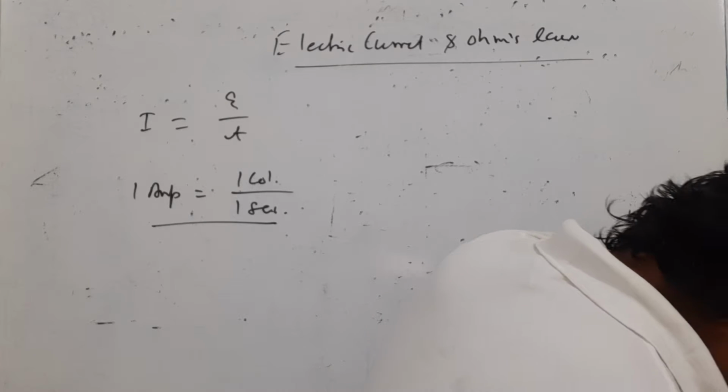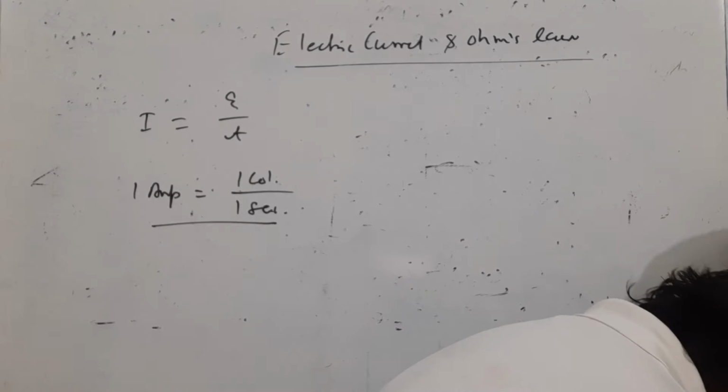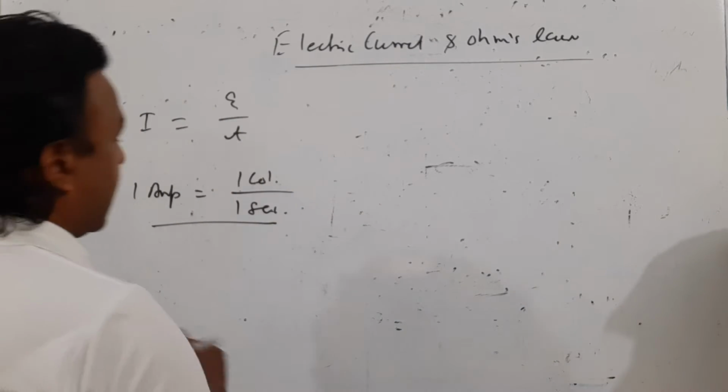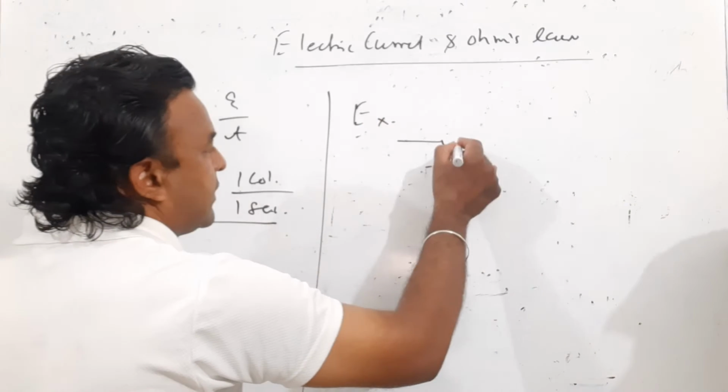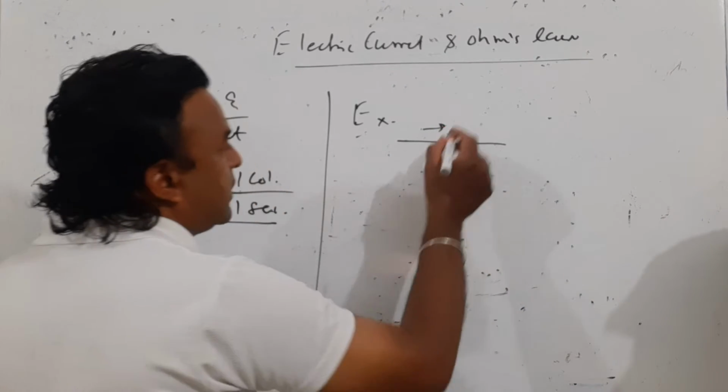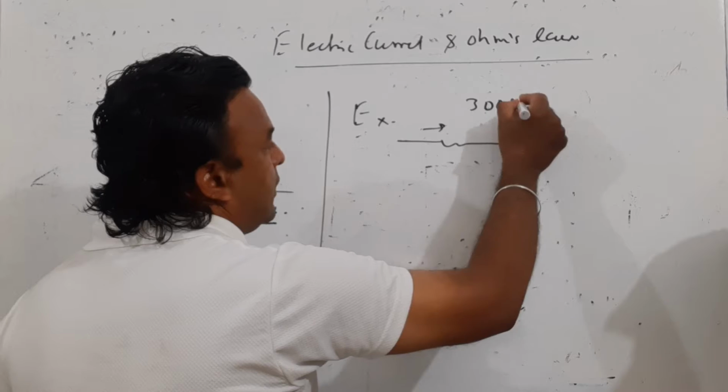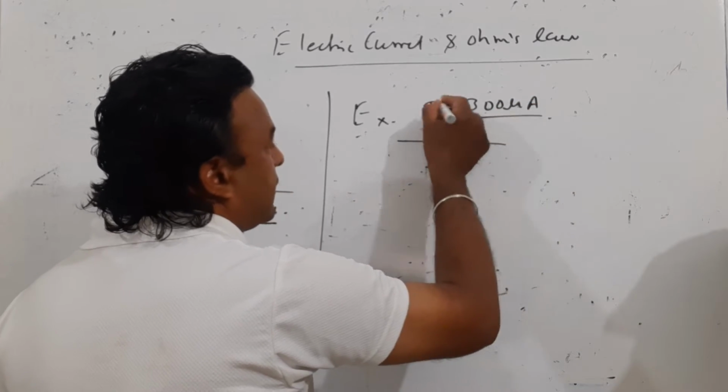I discuss a very simple question. Suppose through any wire there is 300 microampere current.